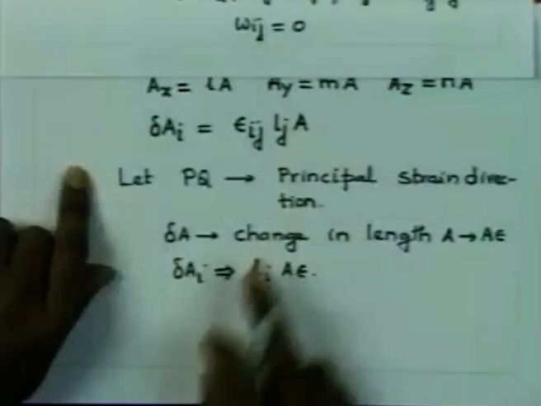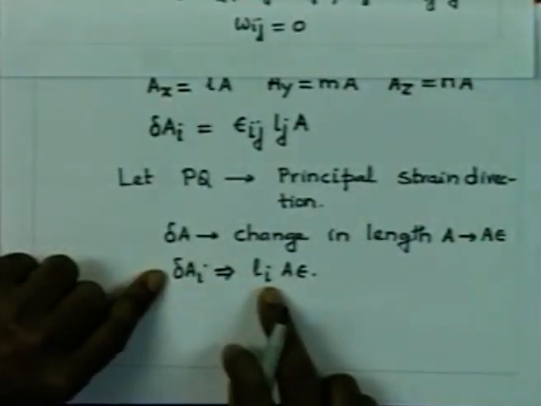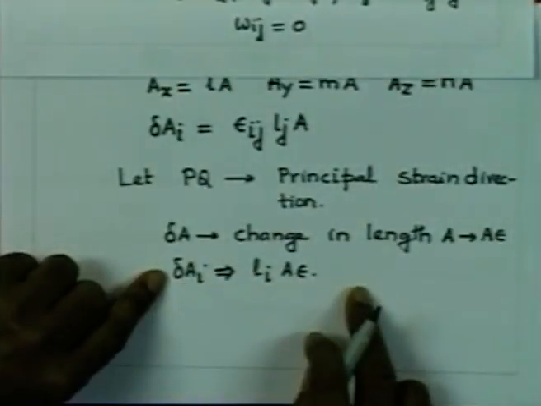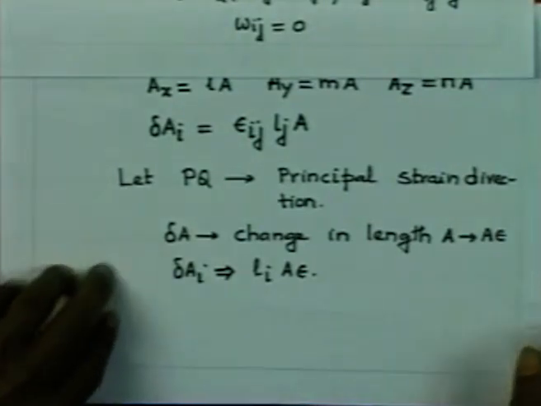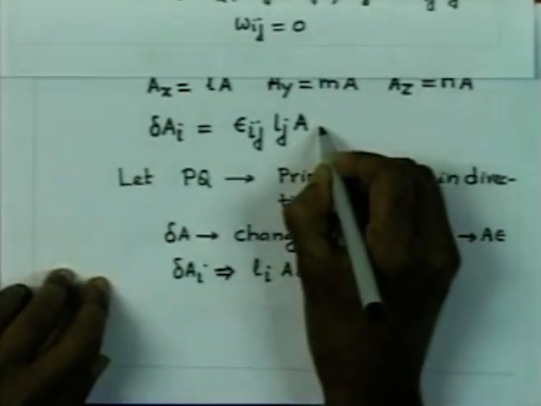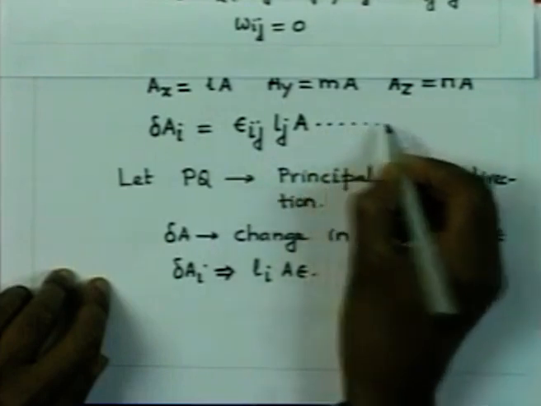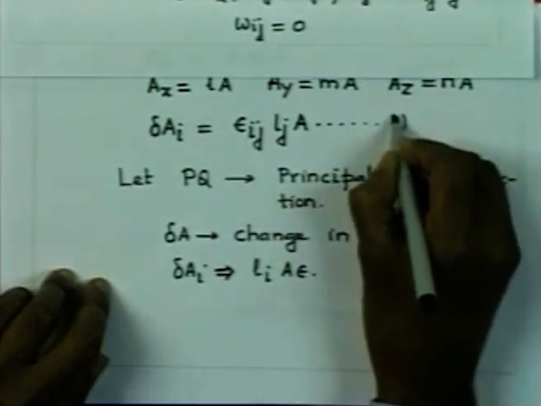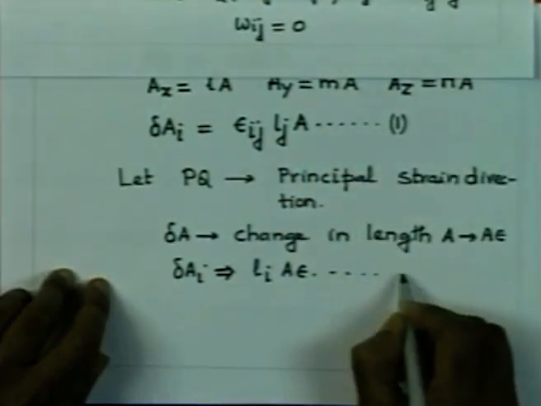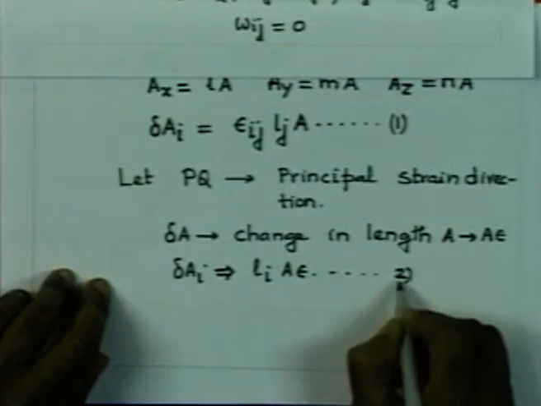We have already got delta A i equal to epsilon ij L j into A, and again we have them given by this one. So, if we consider this relationship, let us say it is 1, this relationship is 2.